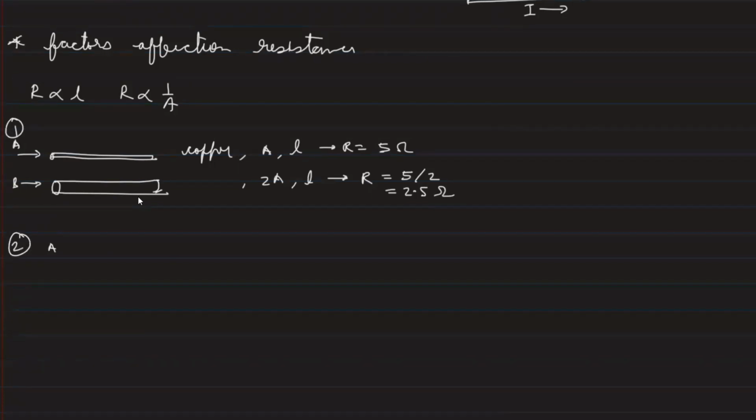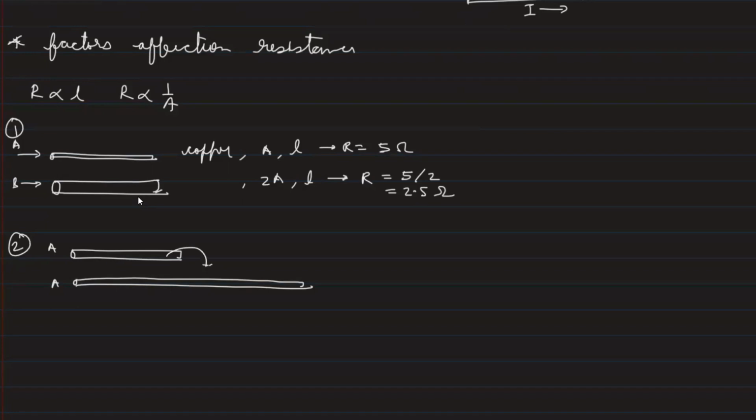Another type of question that you need to know is if you have a wire like this, and you stretch that wire. So it is the same wire, but it is stretched to 2 times the length. So remember the difference. Earlier there were 2 different wires, and this is the same wire which is stretched to 2 times the length. Now this resistance will be 2 squared times the original.